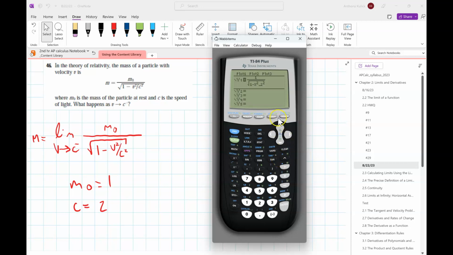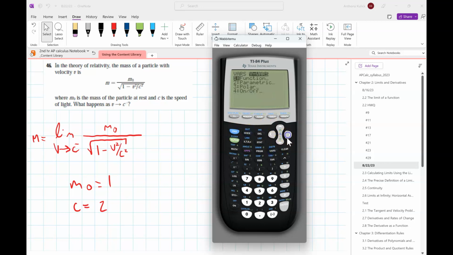So if I hit graph here and start tracing, it appears that as I'm getting closer and closer to 2, we're getting bigger.